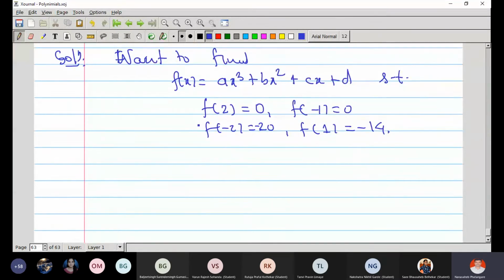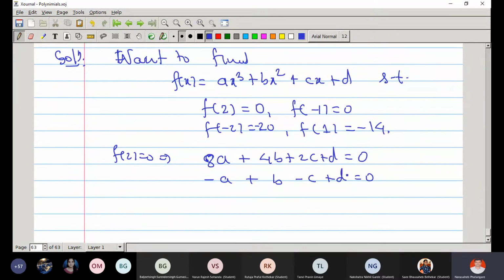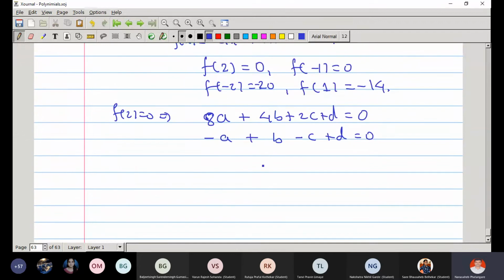So f of 2 is equal to 0. That means f of 2 is 8a plus 4b plus 2c plus d, and that should be 0. Then f of minus 1 is also 0, so minus a plus b minus c plus d is equal to 0. f of minus 2 is minus 20, so minus 8a plus 4b minus 2c plus d is equal to minus 20.